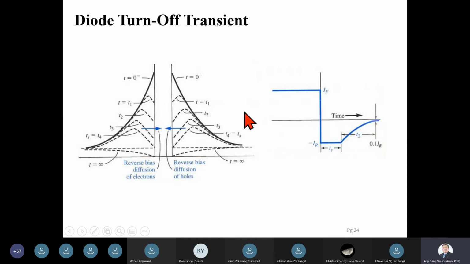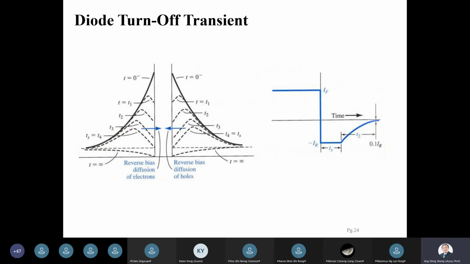Because of this finite time needed, the diode current does not increase immediately to the forward bias current the moment you toggle the switch back to the left position. There will be a delay time whereby the current increases towards the final value of the forward bias current. So through this simple example, you can appreciate why the storage capacitance is important in determining the turning on and turning off speed of the PN junction.